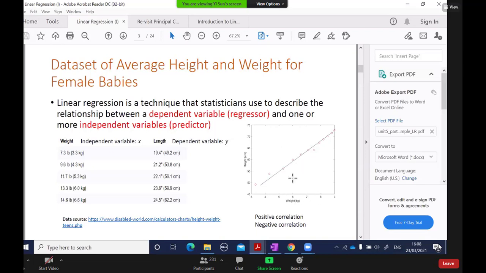When the weight increases, the corresponding height, or length as we call it for female babies here, also increases. Compare this point to here: the weight increases, height also increases. This is a positive correlation. So when you are given a scatter plot, that is the relationship you are looking for.